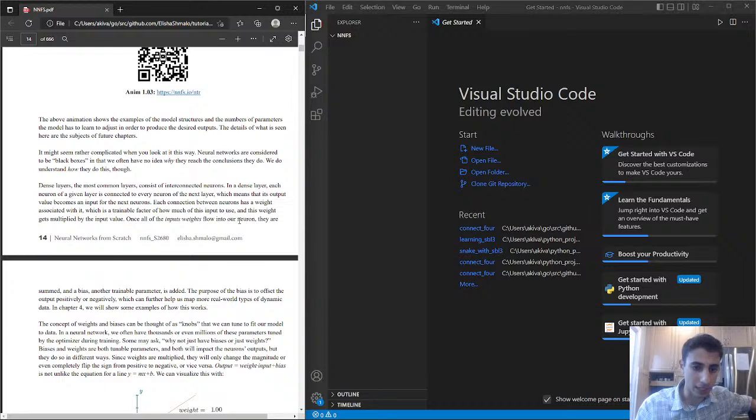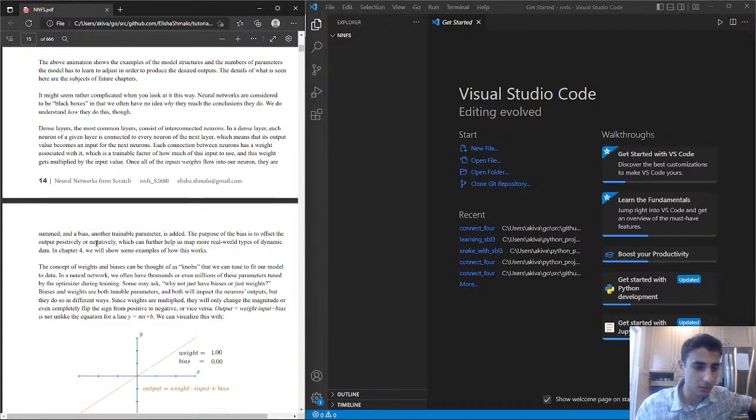Once all of the input weights flow into our neuron, they are summed. So this neuron, for example, is getting an input from this neuron, this neuron, this neuron. Once it gets all of those times the weights, all of those products are added up together, and then a bias.